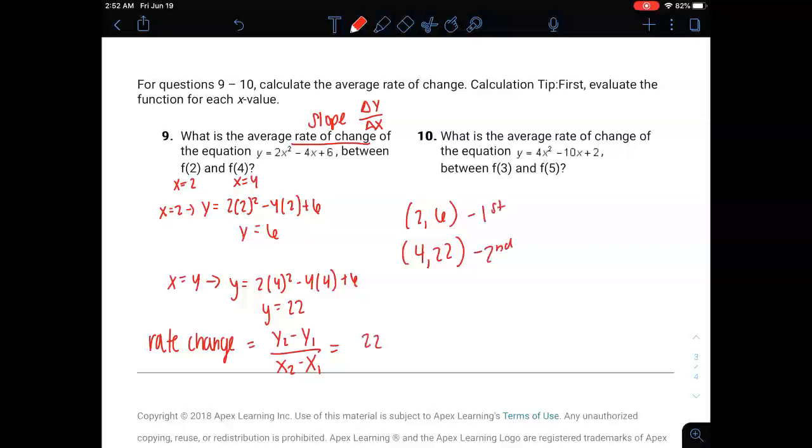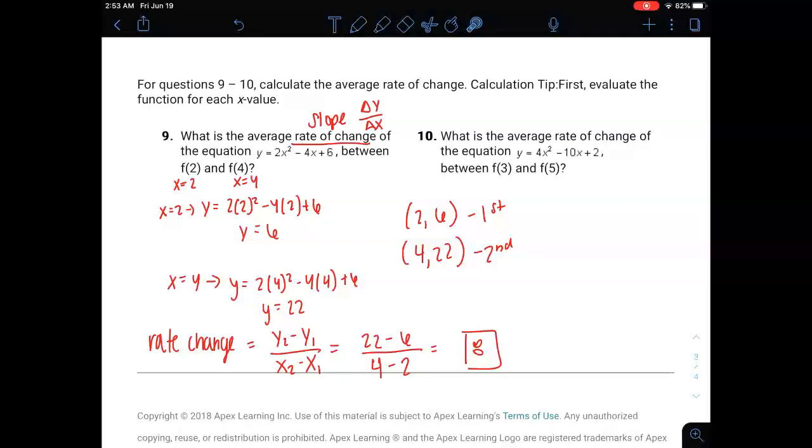I plug in my second y value, 22, minus my first y value, 6, over my second x value, 4, minus my first x value, 2. So I've got 22 minus 6 over 2, and when I simplify this, I get 8. So my average rate of change here is just 8.